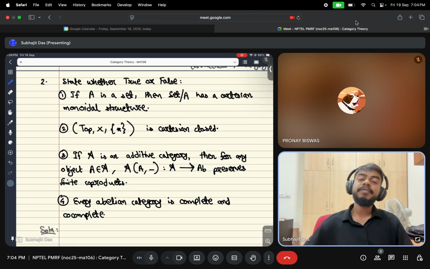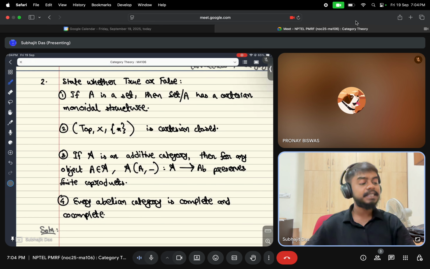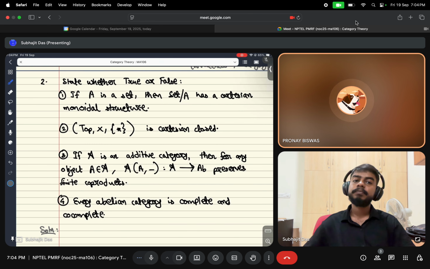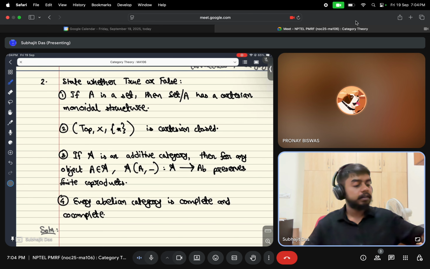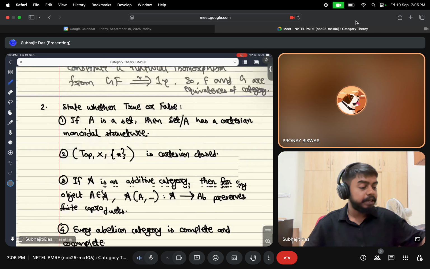So state whether the following statements are true or false with appropriate justification. Firstly, if A is a set, then set over A has a Cartesian monoidal structure. Is this true or is this false? Yeah, the slice category.